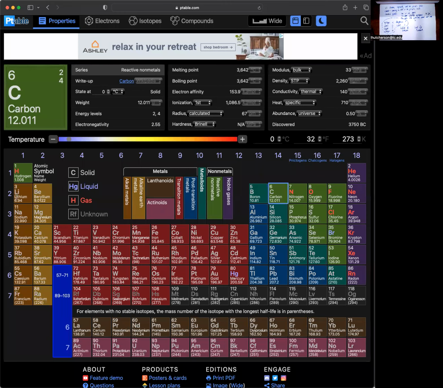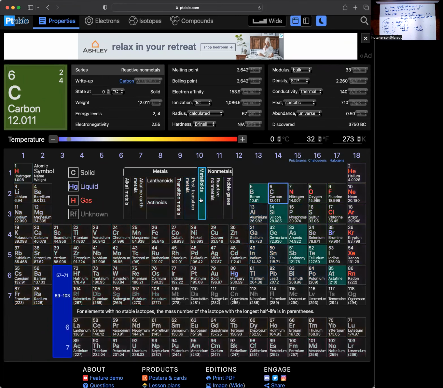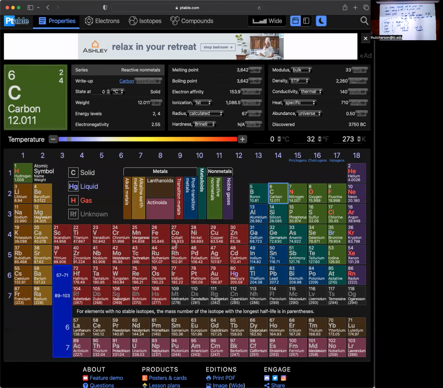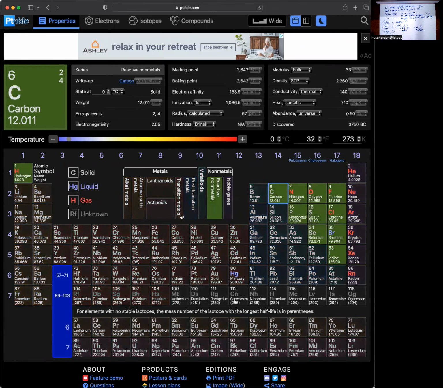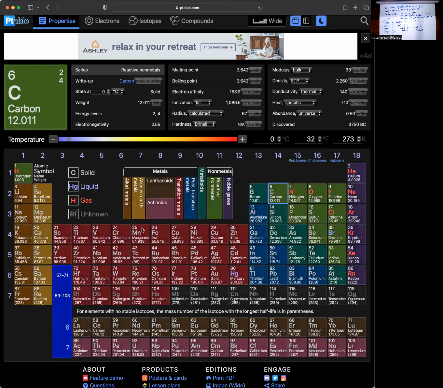So let's revisit our periodic table. We can divide our elements up a couple of different ways. On the left side of the periodic table, we have metals. On the right side, we have nonmetals.